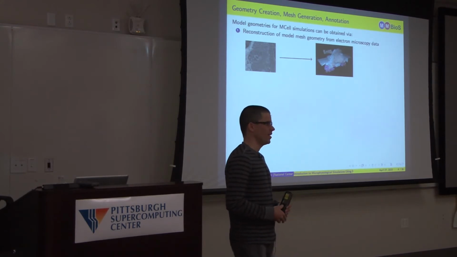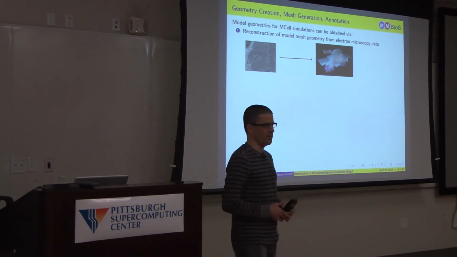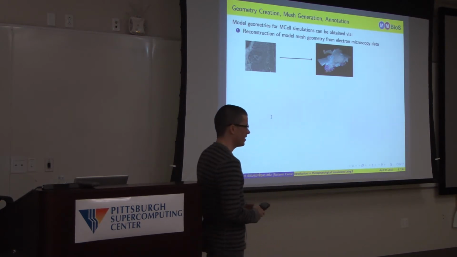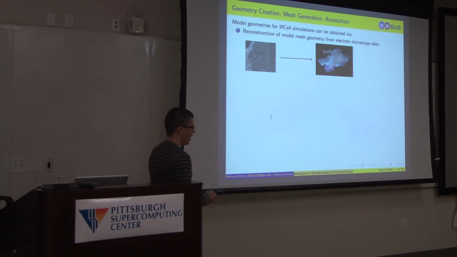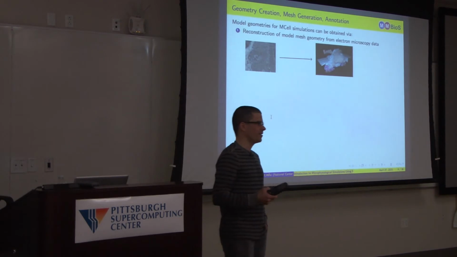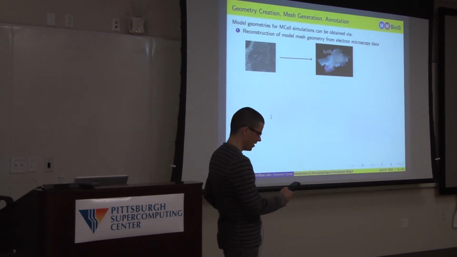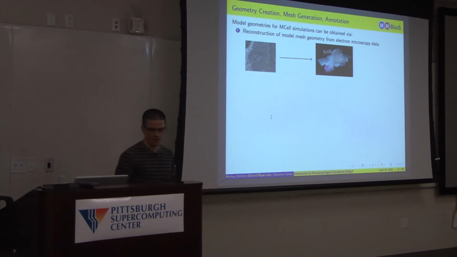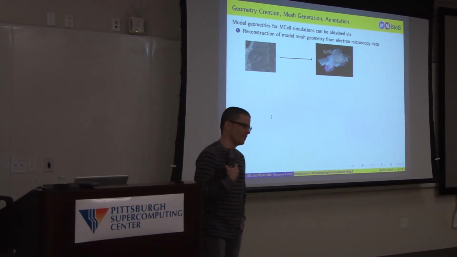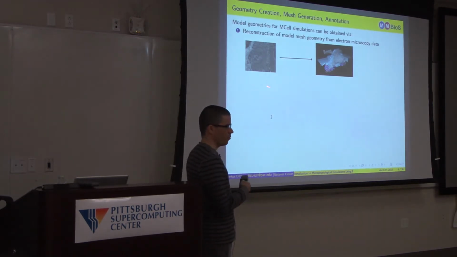If you wanted to investigate how certain geometrical parameters affect your system, it's not so easy, because it's too complex to really say, well, what happens if the extracellular volume fraction changes by 10%, say. So depending on the questions that you have, this approach may or may not be good for you.